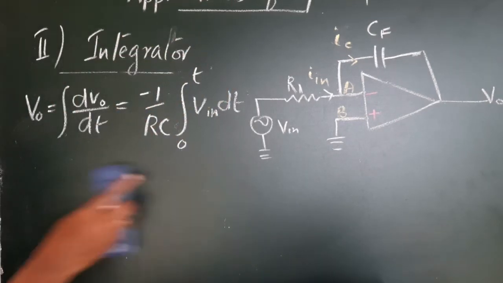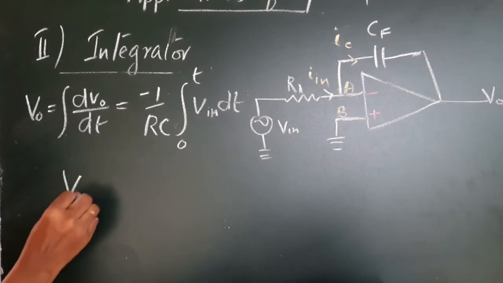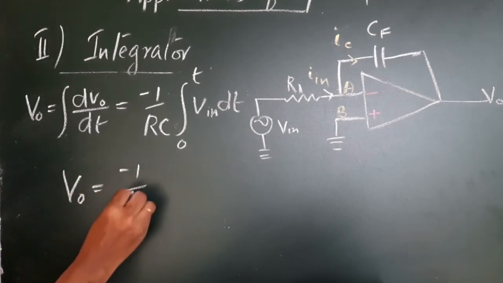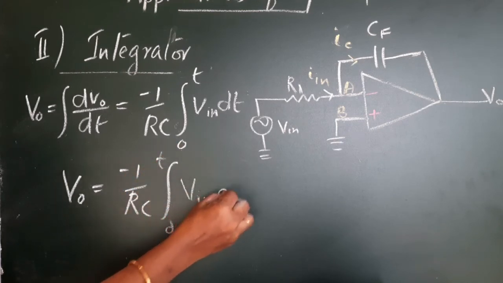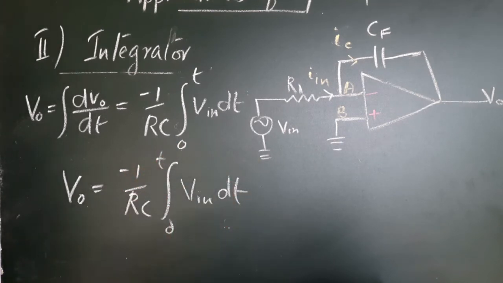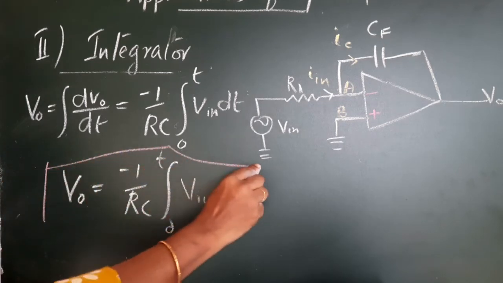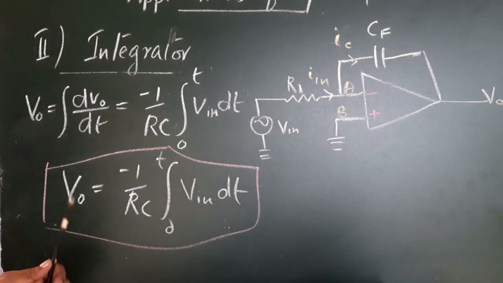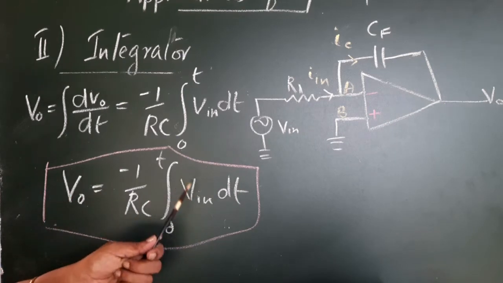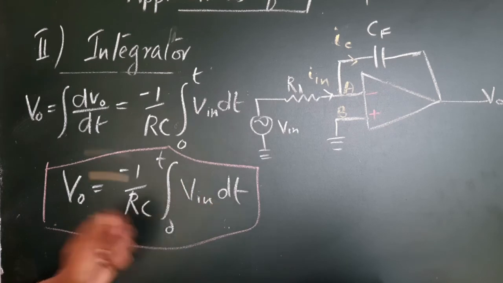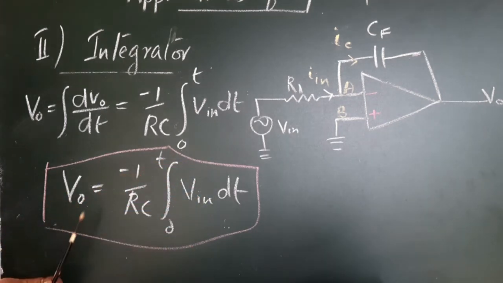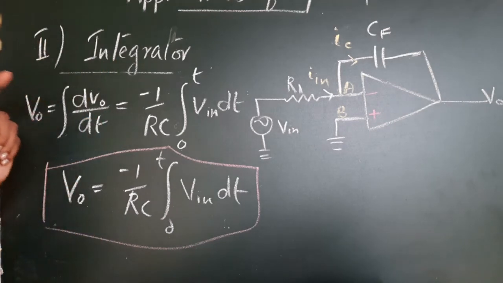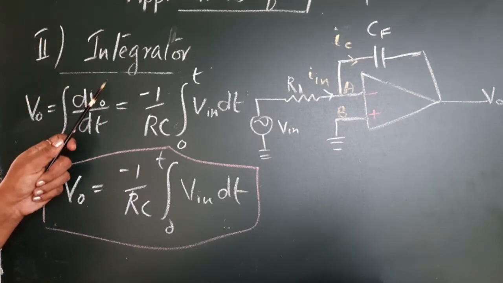So finally the output voltage Vout is equal to minus 1 by RC integral 0 to t Vin dt. So you can see that the output voltage is proportional to the integral of the input voltage. So this is one of the most important applications of op-amp, how op-amp acts as an integrator.